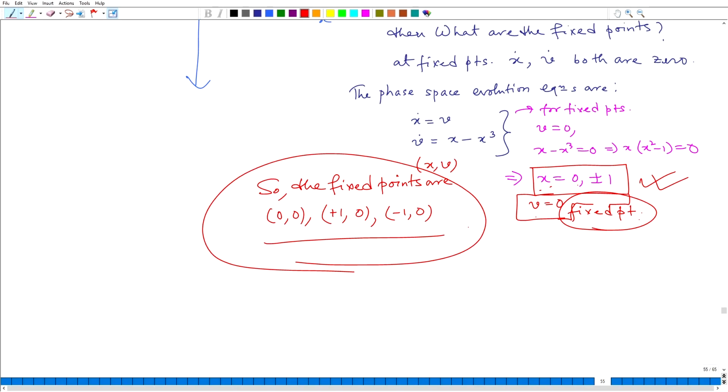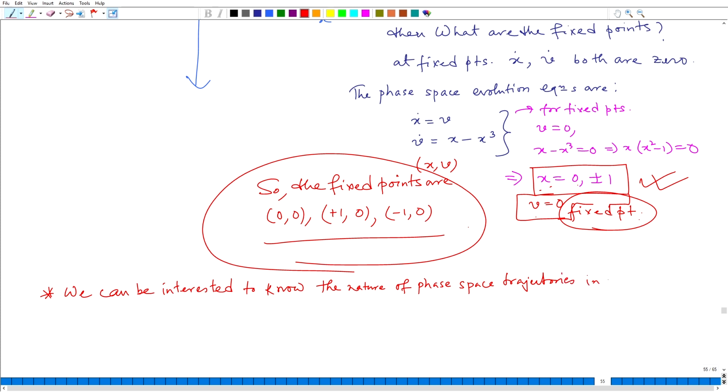Okay. Now, we can be interested to know the nature of phase space trajectories in the neighborhood of each of the fixed points.